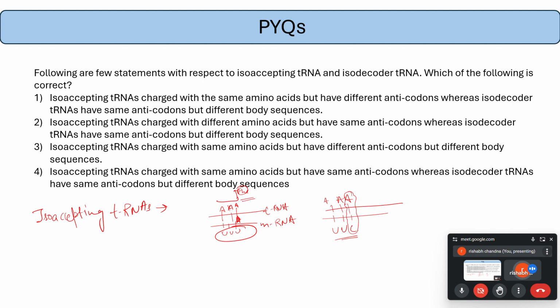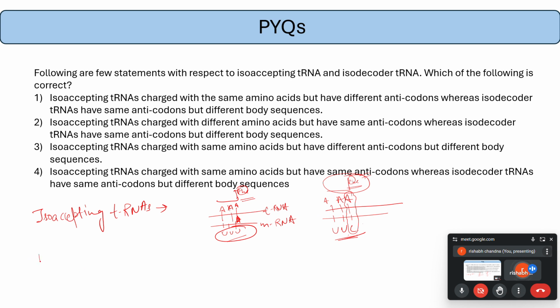So due to the wobble hypothesis, this will be free, and the same tRNA that we have for the previous codon will be able to bind this also. Okay, so this is the second anticodon that is different, but the tRNA that is using it is the same one. Okay, so this is the iso-accepting tRNA. So here the tRNA is the same for both this particular codon and this particular codon. Okay, so that's the case, and the amino acid is the same.